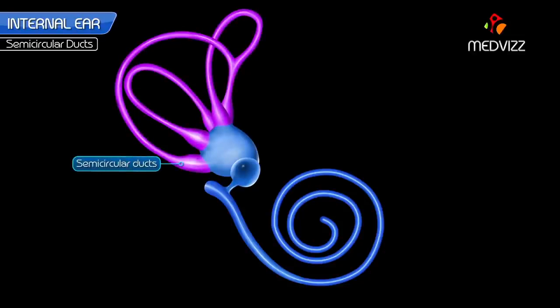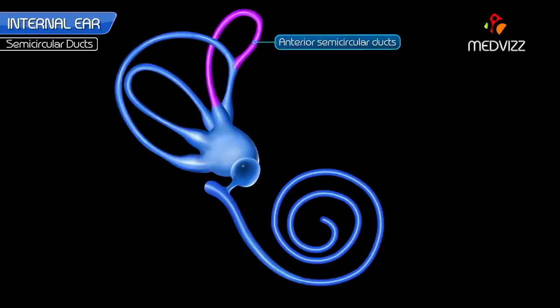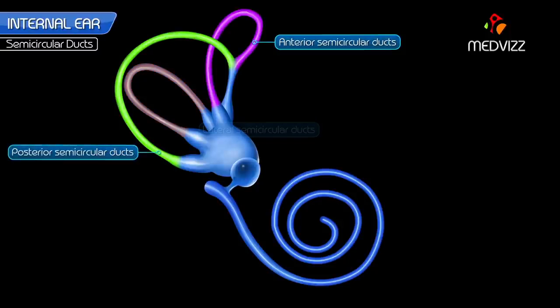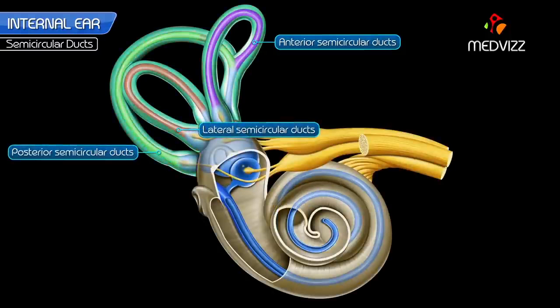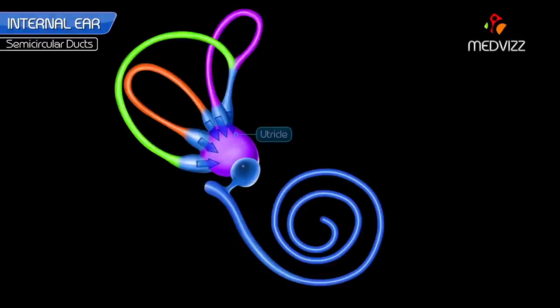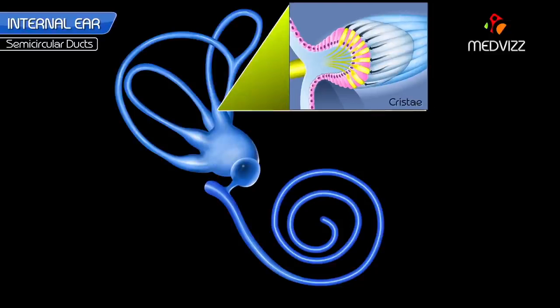The three semicircular ducts, anterior, posterior, and lateral, lie within their respective semicircular canals. They open into the utricle by 5 openings. Each duct has one dilated end called the ampulla. The ampullary end of each duct has a raised crest, the crista ampullaris, which projects into its lumen.